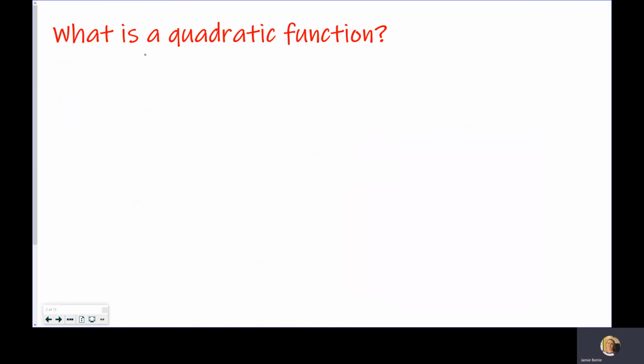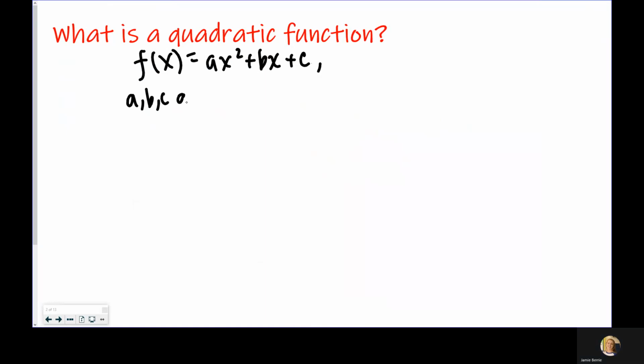So a quadratic function has the form f of x equals ax squared plus bx plus c, where a, b, and c are real numbers. So quadratic functions are second degree polynomials, which means that their highest exponent is 2.